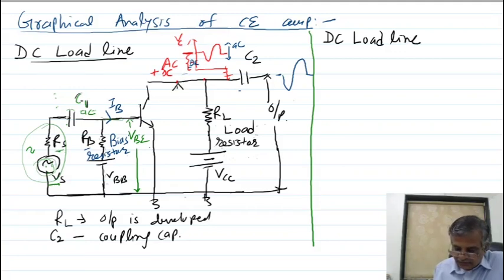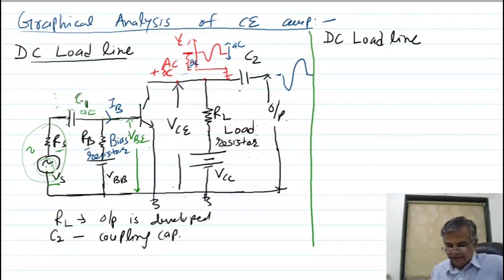Say the voltage between collector and emitter is VC, and this current is IC. This current IC is flowing like this.